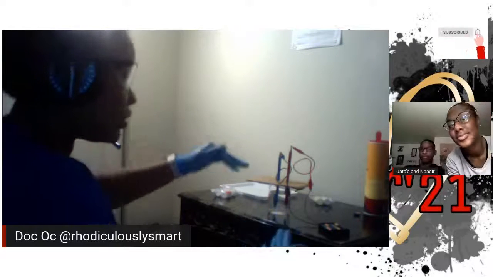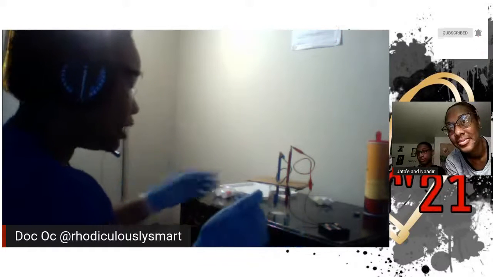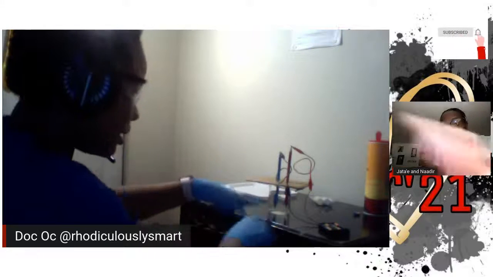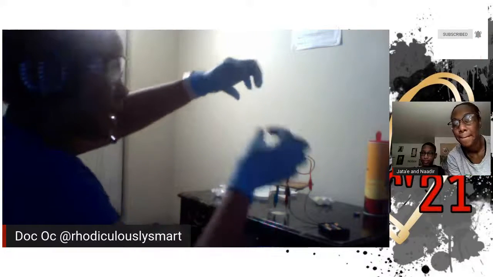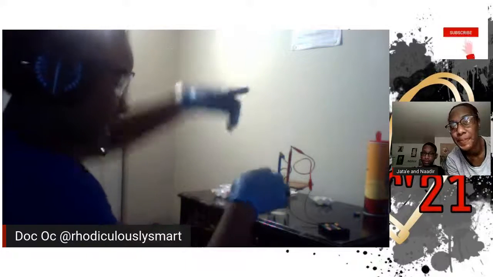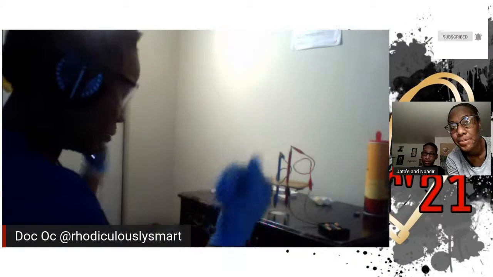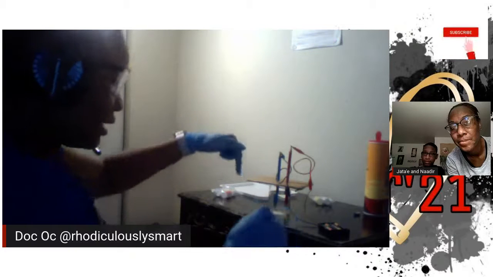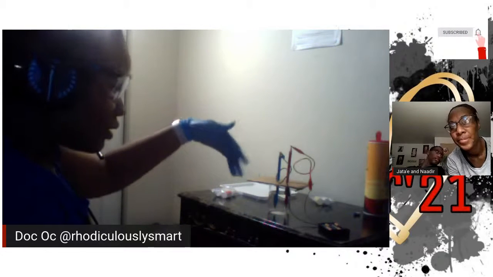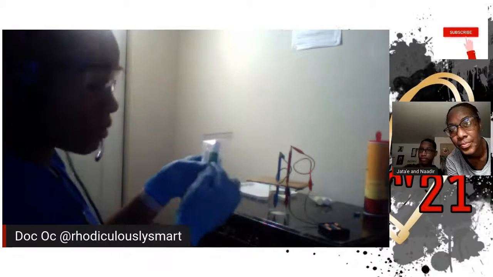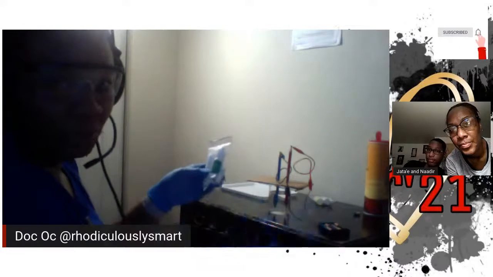So this is how they do basically electroplating. So you can potentially put, instead of having the other end be the pencil lead, you could even have like a metal clip and clip like a key or a ring, or a chain to it. And then instead of just having salt in the water, you could have like a tin chloride or whatever type of metal you want to plate on there.